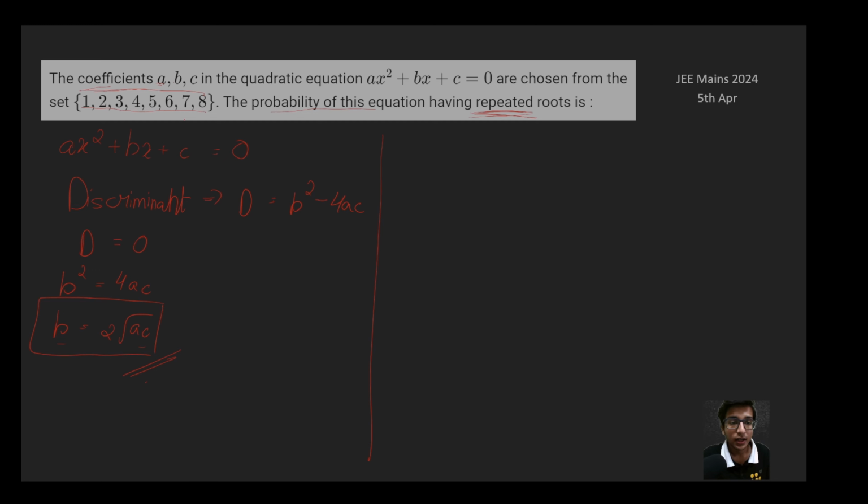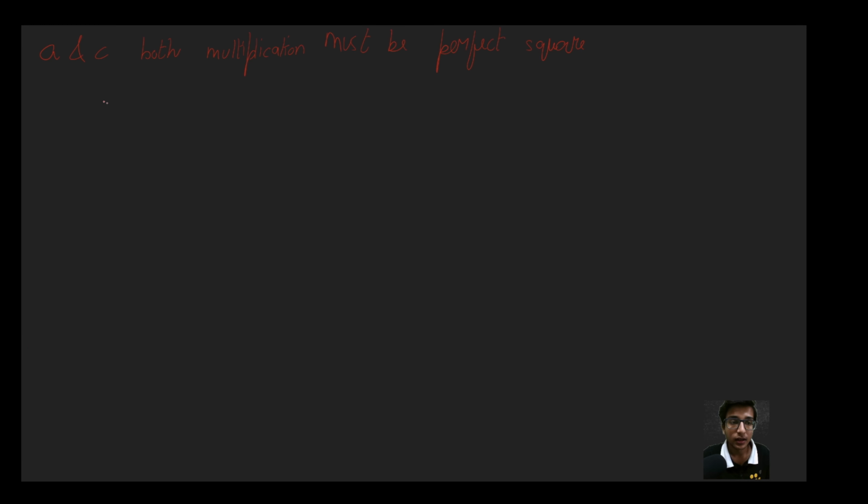So what are the values of A and C that we choose such that it becomes a perfect square? So A comma C, what are the values that we can choose? Either we can assume it to be 1 comma 1, it can be 1 comma 4, it can be 2 comma 2. With 2 we can also take 8, 2 8s are 16. Now let's take A to be 3. From 3 it is going to be just one value, 3 comma 3.